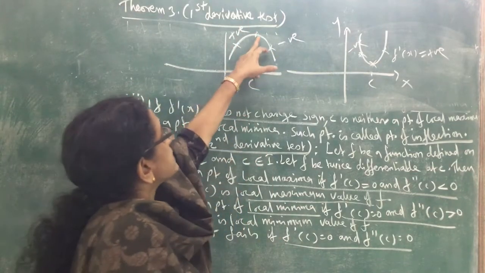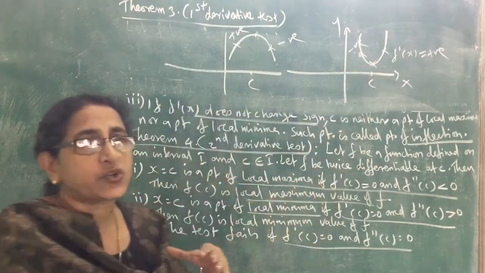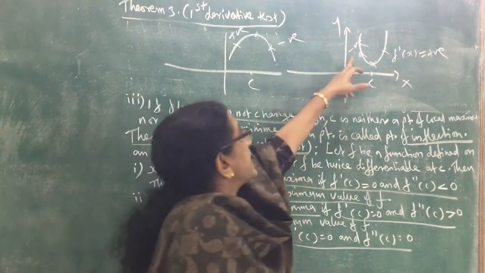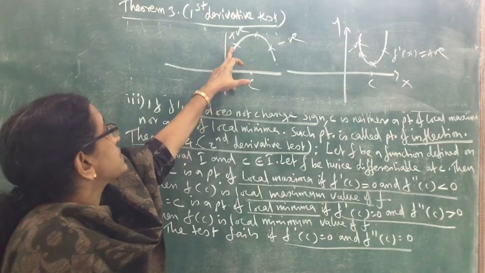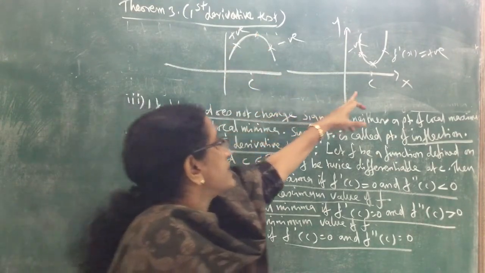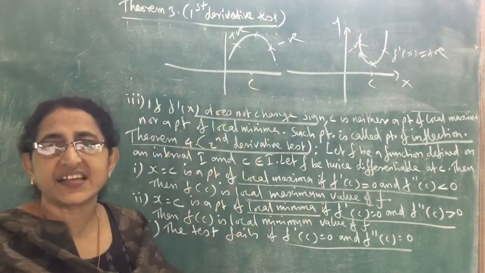So here c is a point of local maxima, here c is a point of local minima. In the case of local minima, f dash x changes sign from negative to positive; here f dash x changes sign from positive to negative. If you remember this diagram, it is easy to remember.